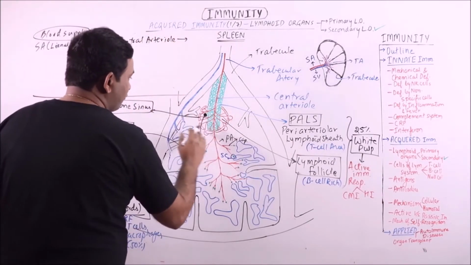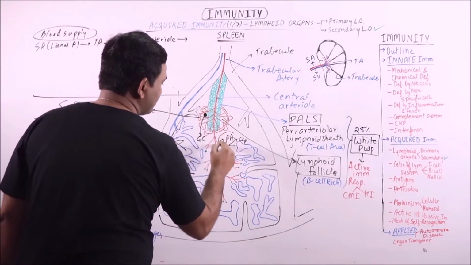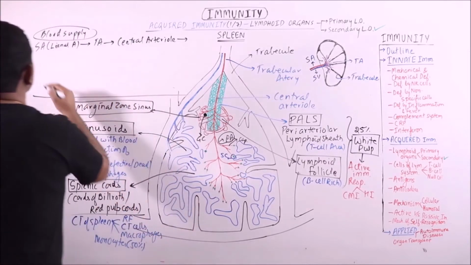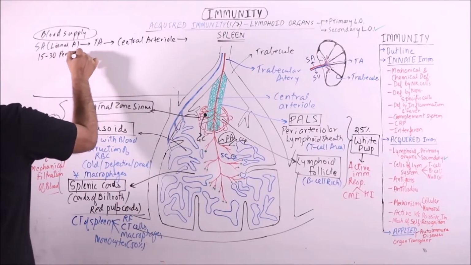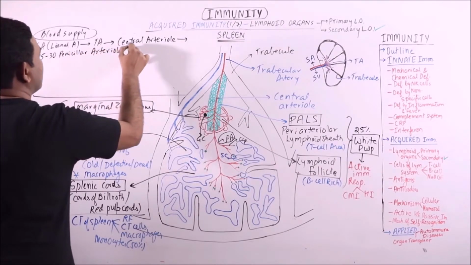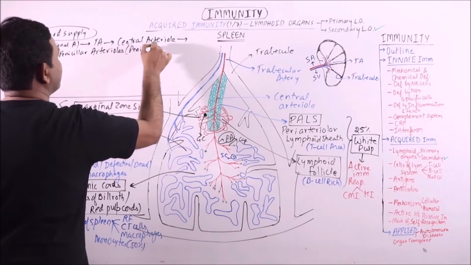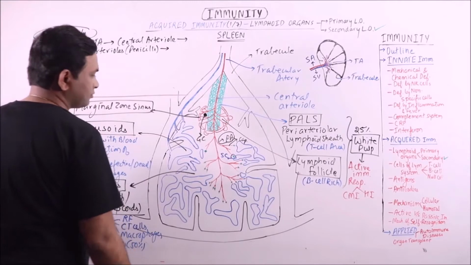After emerging from the lymphoid follicles, this central arteriole will give rise to 15 to 30 penicillar arterioles, which radiate out from the central arteriole.